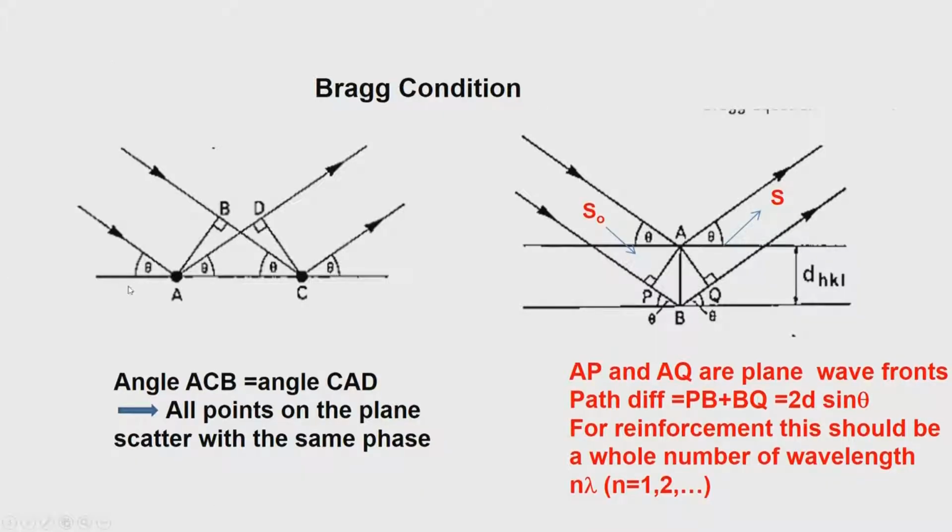So, the take home lesson from this particular diagram is that the scattering is associated with the same phase, and that particular phase angle is with respect to the plane. So, suppose these atoms are not in this plane and are somewhere else, the contribution of this plane to the scattering will still have the same phase.